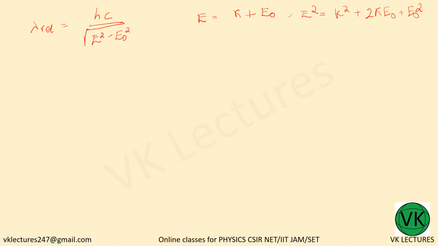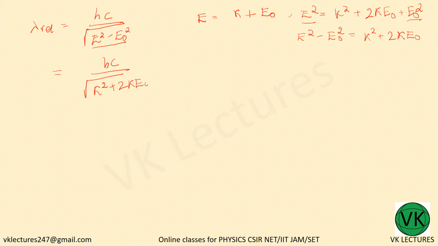Now what do we want here? We want E square minus E naught square, which is equal to K square plus 2K E naught, where K is the kinetic energy and E naught is the rest mass energy. Just substitute this value over here. So we get lambda relativistic is equal to hc divided by under root K square plus 2K E naught.